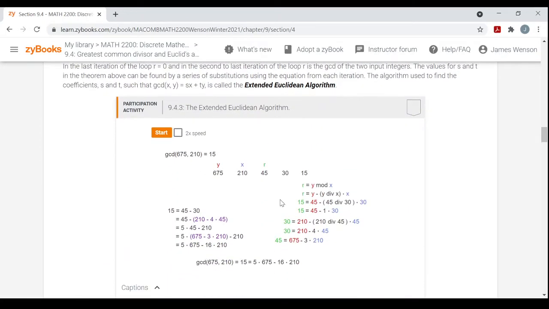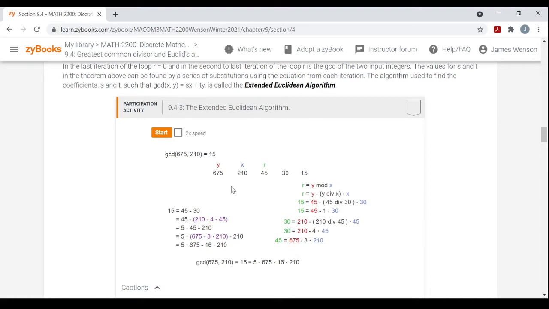So again, I'll show you the... you know what? I'll just do this one. You can play this animation here. You got what's the greatest common divisor of 675 and 210. Right? It's 15. And they show you how they went through the same steps as earlier.